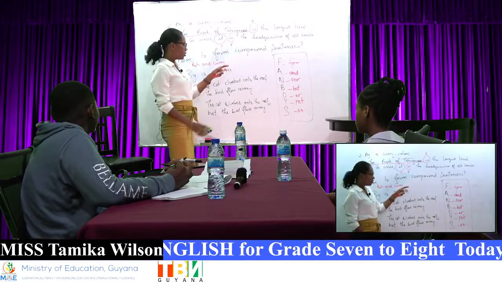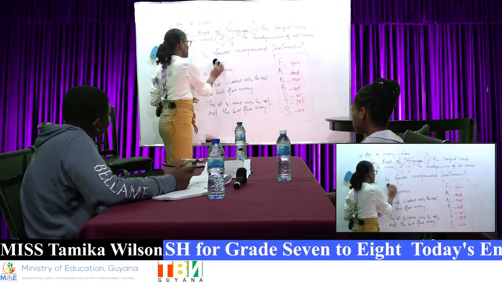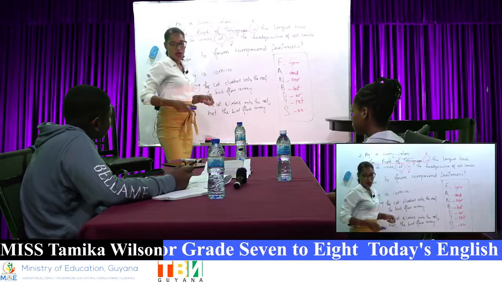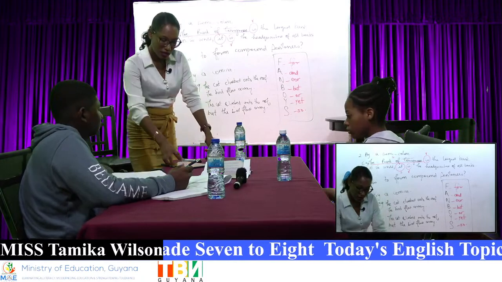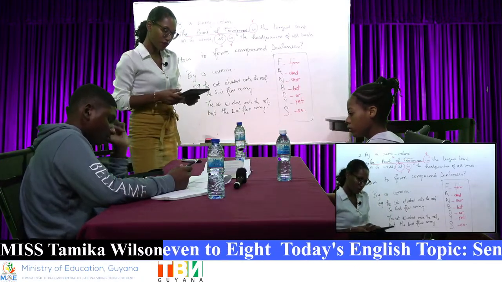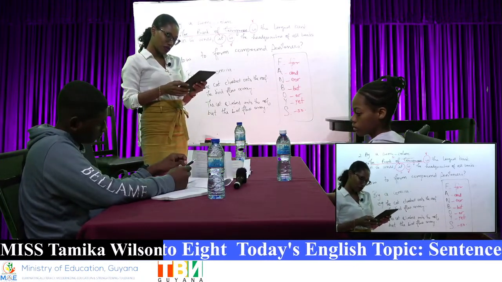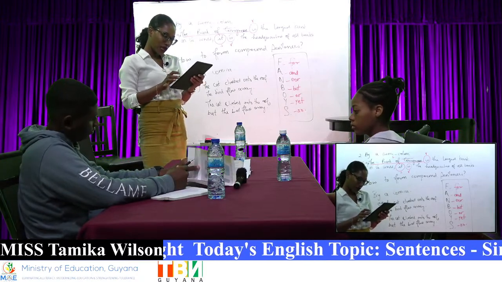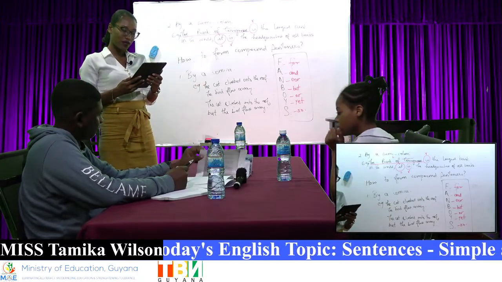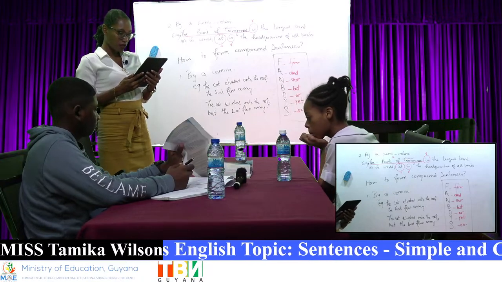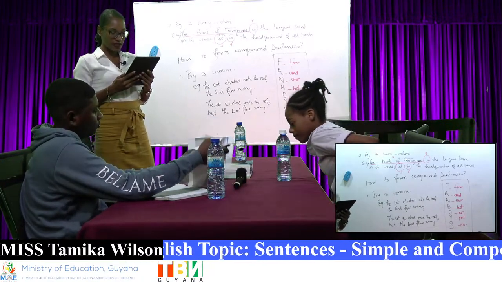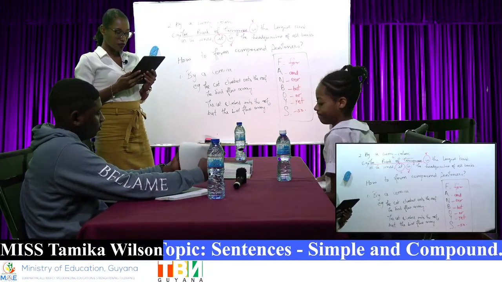All right? Okay, so let me give you an exercise. You have your activity sheet, and we are completing the last page on the sheet. The instruction says to identify the compound sentence in each pair of sentences given below.